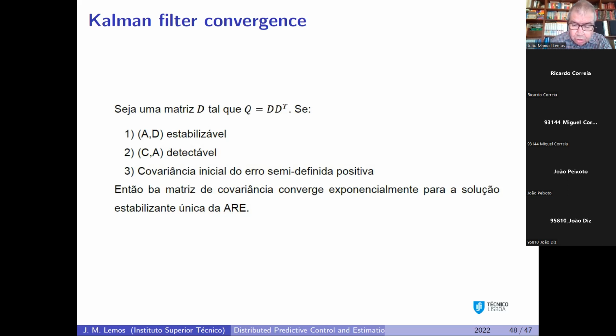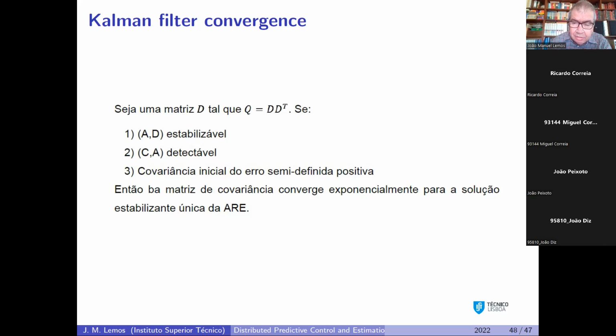For most problems, it is impractical to get results. So we have approximations based on the Kalman filter. So I will present two of these approximations. There are many approximations. I've selected two.